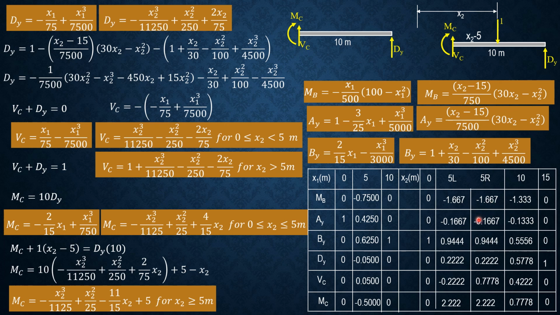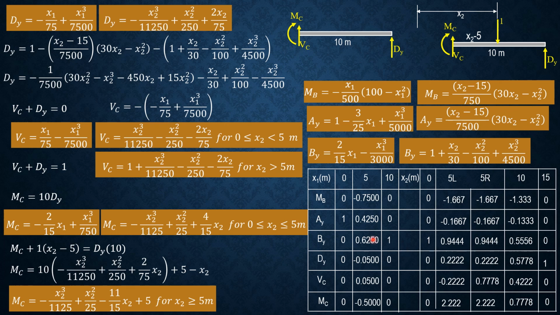For AY, for example, when x is 5, you just substitute here, 1 minus 3 times 5 over 25 plus 5 cubed over 5,000, you will get 0.425. And when x2 is 10, AY in this expression is negative 0.1333.